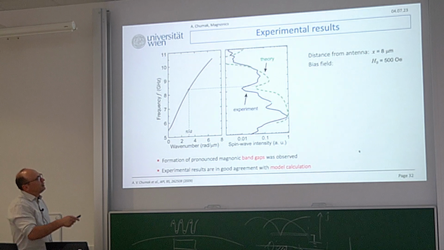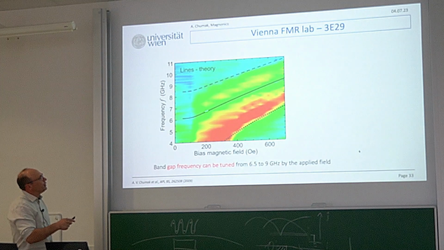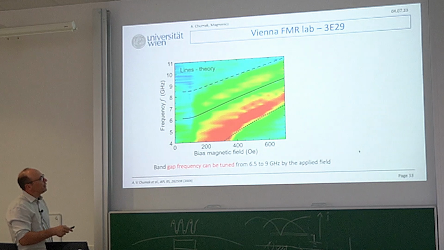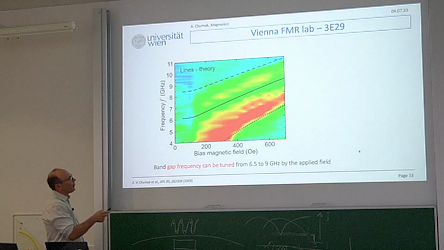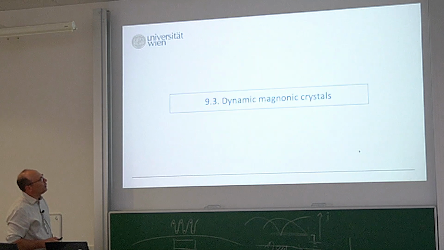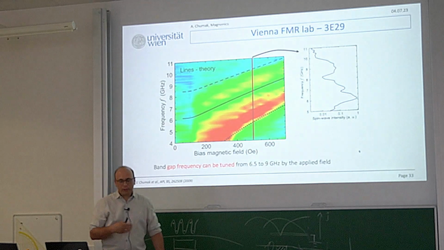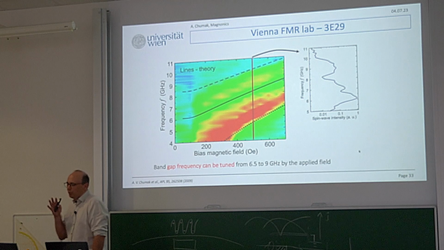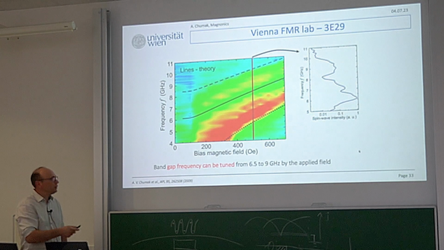In reality, in theory, I agreed. It was shown that you can change this band gap frequency simply by the change of applied magnetic field, which is also an advantage of magnonic crystal. Principally, everything works well. The only thing you need to keep in mind is that in reality we have excited several width modes. So here we clearly have seen the presence of many width modes, and this band gap in reality is an accumulation of several width modes.